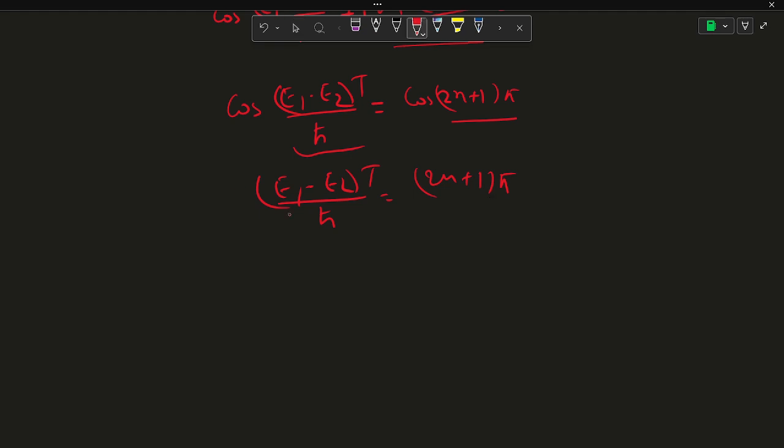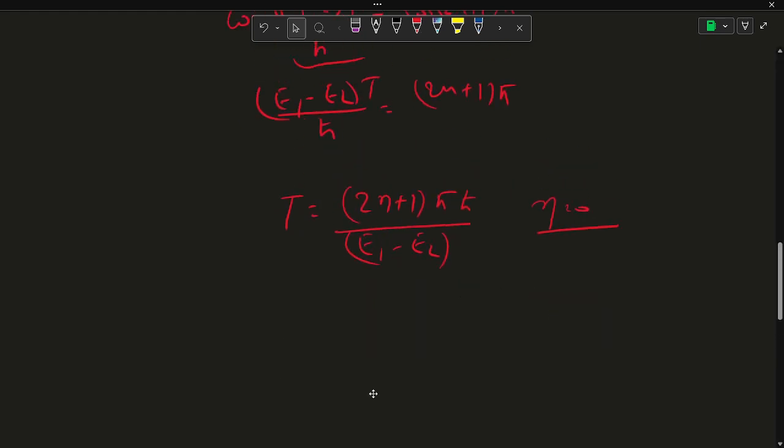Now taking t is equal to (2n plus 1) into pi h-bar by (E1 minus E2). So for n is equal to 0, what will we get? t is equal to pi h-bar by (E1 minus E2).